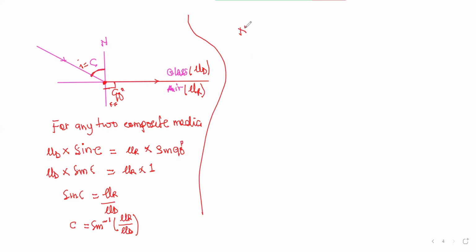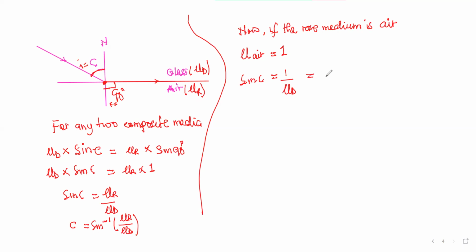Now, look at something. If the less dense or rare medium is air, because the refractive index of air and vacuum is equal to 1, this expression for the critical angle sine C would be equal to 1 over the absolute refractive index of the denser medium, which in most books is written as 1 over n.